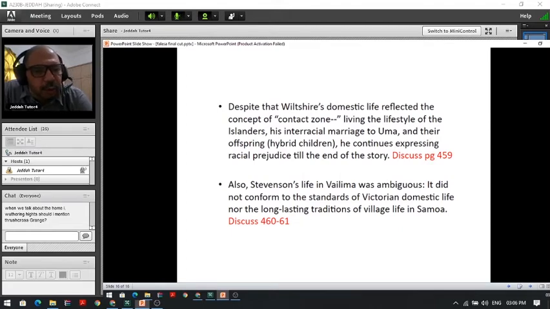When you also look at The Beach of Falesa, like we said, Stevenson is making a statement, right? The statement has to do with the idea of tolerance, the idea of accepting other cultures, the idea of humbling down.